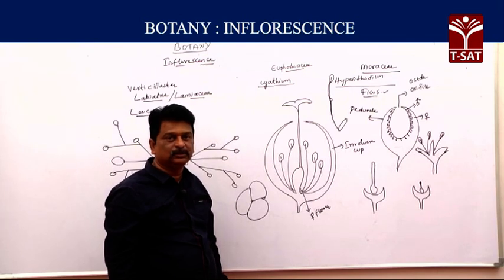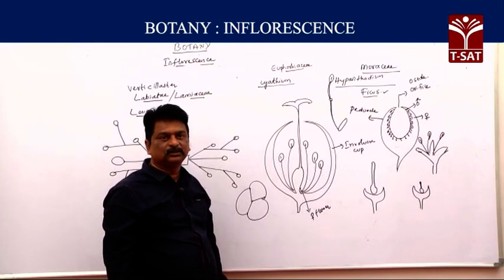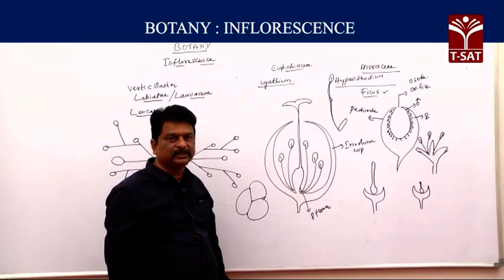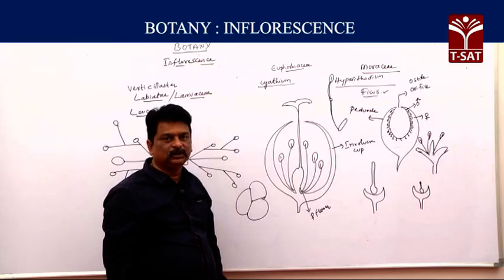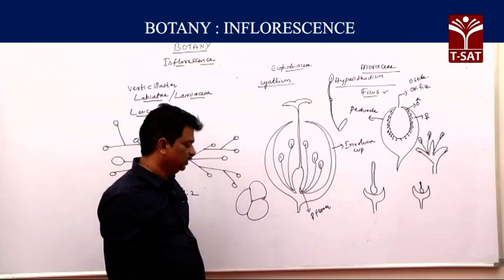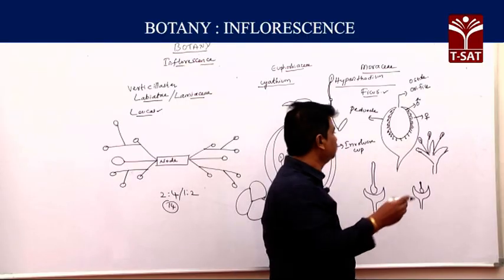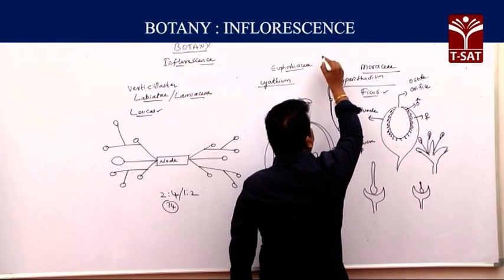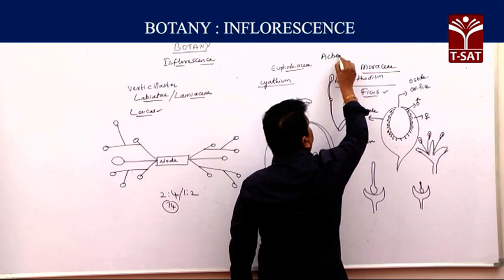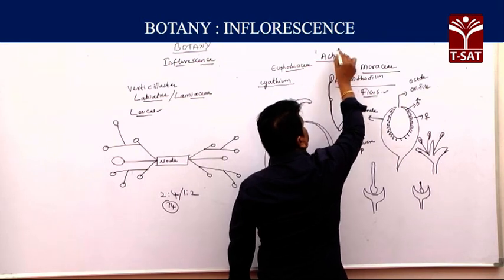And the importance is, here there is one insect called Blastophaga. This Blastophaga insect lays eggs on the sterile female flowers, while it pollinates the fertile female flowers. And after fertilization, these fertile female flowers are converted into fruits called achenes.